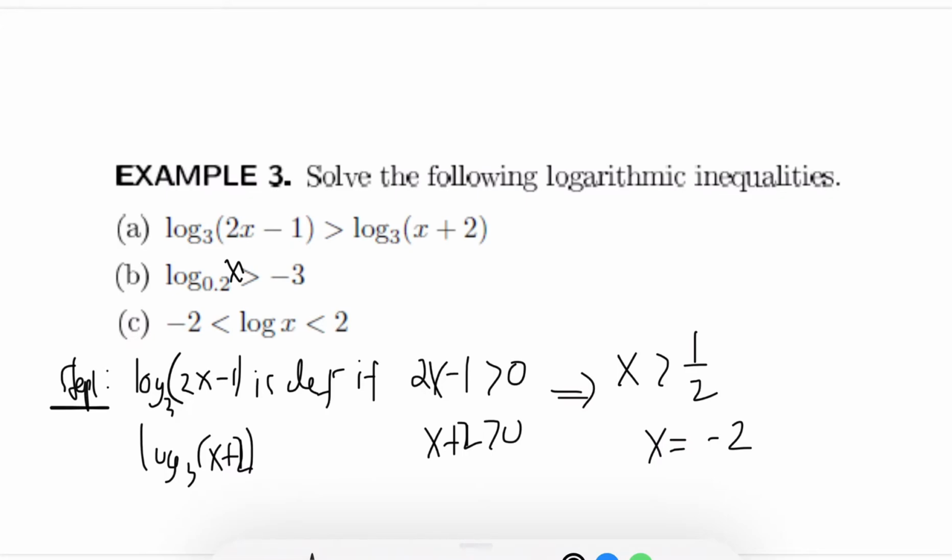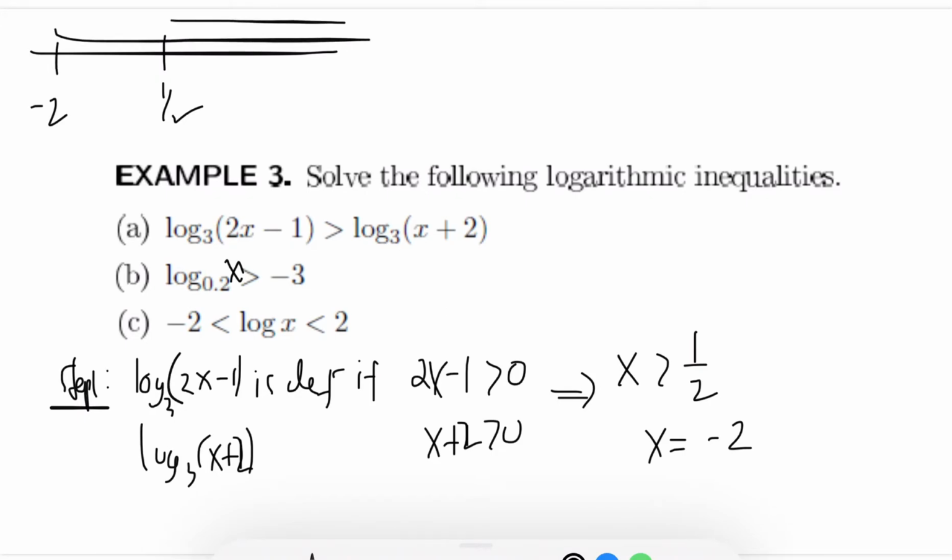If you draw that on a number line, 1/2 is here, negative 2 is here because it's smaller, so their intersection is where? This one. So from this we will choose x must be greater than 1/2.